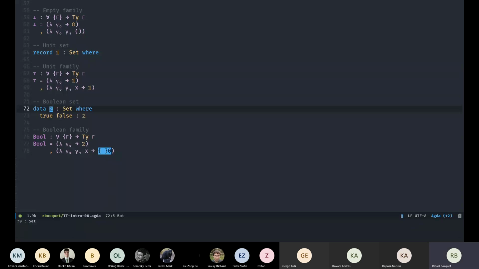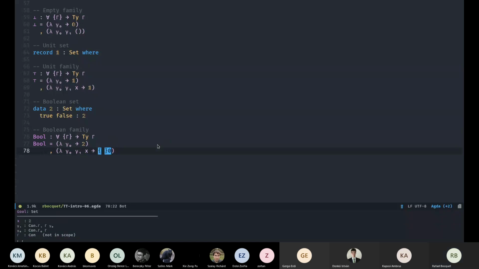Okay, but now this family, we need to define it by pattern matching on X.